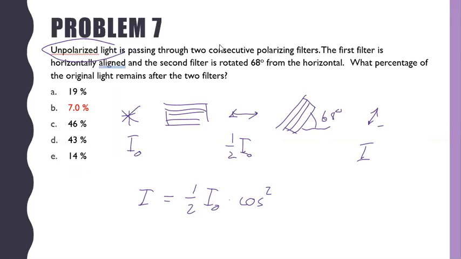Well, that's 68 degrees away from horizontal. So this is the calculation we need to do. And that comes out to 0.070, which you can multiply by 100 and change to 7%. And that's how we get that answer.